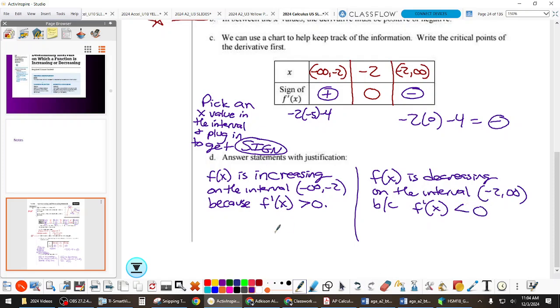And so the other one is decreasing because it's less than 0.